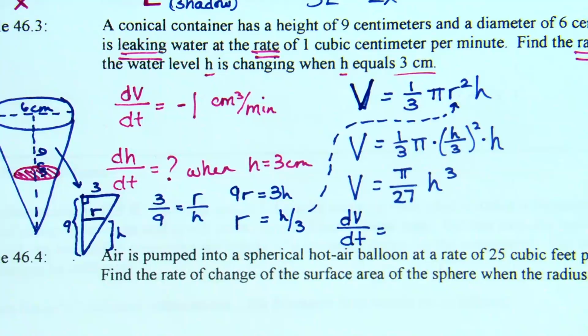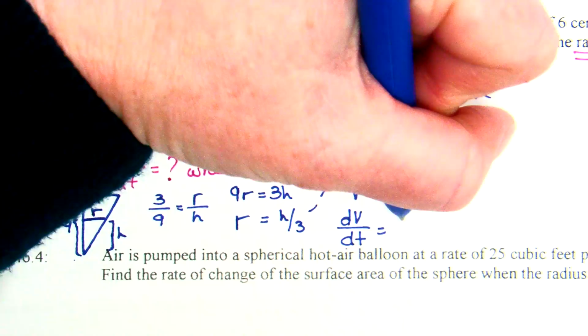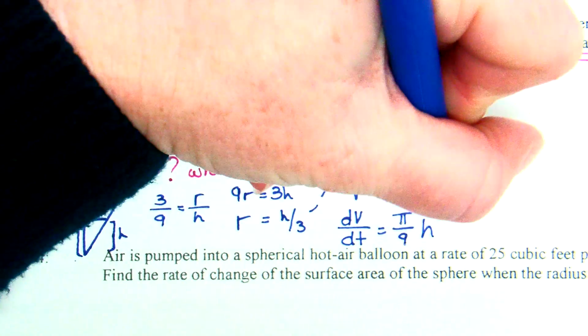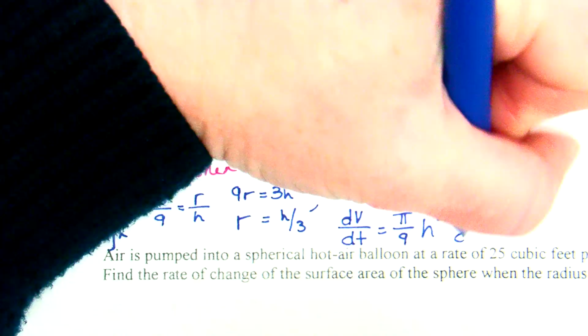Now if you take that 3 and you multiply it by the pi over 27, 3 pi over 27, or in other words, pi over 9. So pi over 9, h squared, dh/dt.